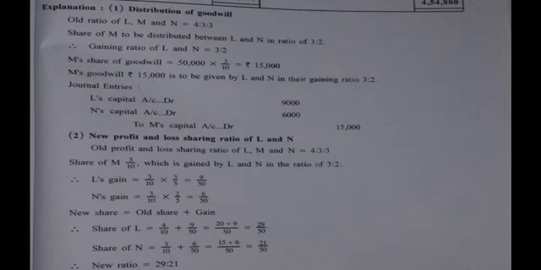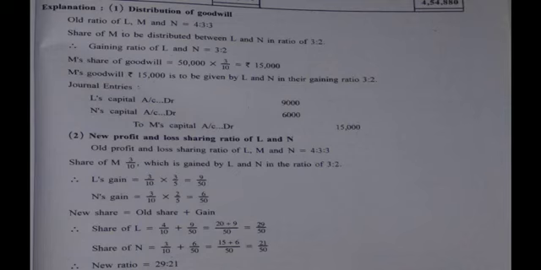Here we have the journal entry. The existing partners' capital accounts debit to the retiring partner's capital account credit. So L's capital account debit 9,000. How? 15,000 into 3/5. We are calculating it with gaining ratio. Gaining ratio is 3:2.